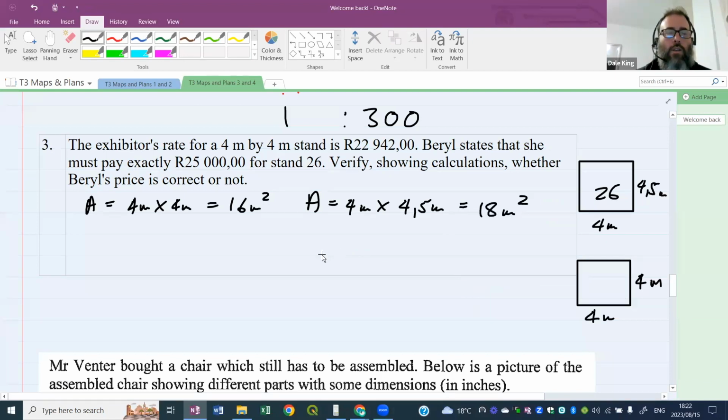All right. So now we're going to relate the monetary value to this area. How could we do that? Because everyone should be paying the same amount per unit area in this hall. It's not like some person has to pay a little bit more because they're near the toilet or something like that.